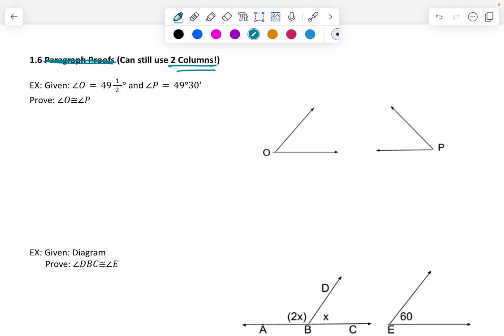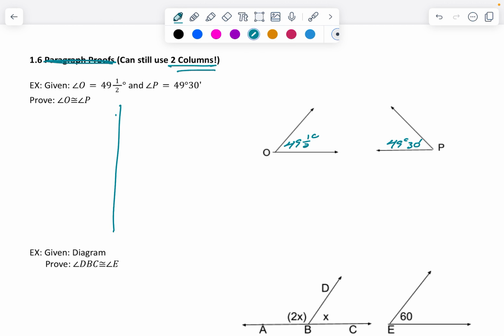Let's take a look at our first example. So if we are writing our information on our diagrams, angle O is 49 and a half degrees. And angle P is 49 degrees, 30 minutes.